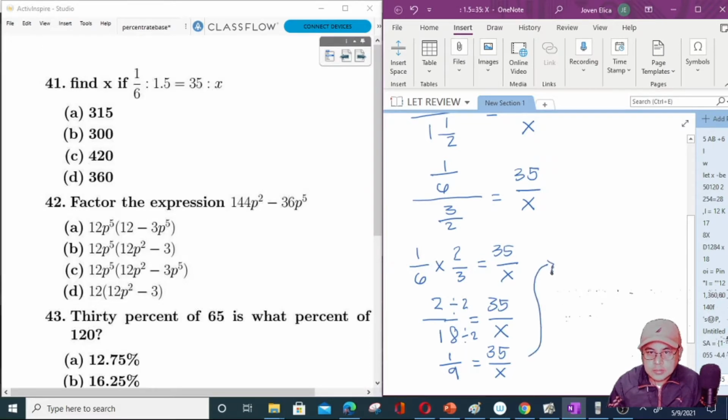Okay, so 1 over 9 is equal to 35 over x. And then cross multiply, just cross multiply. So it becomes 1x is equal to 9 multiplied by 35.